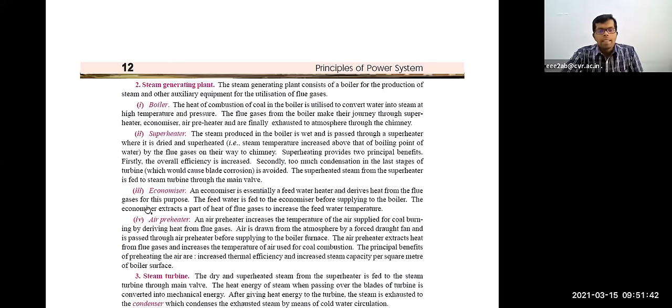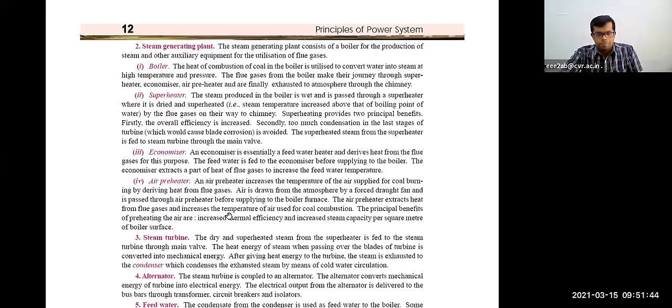Next is the air preheater. The air preheater increases the temperature of the air supplied for coal burning by deriving the heat from the flue gases. So we are preheating the air via the air preheater, deriving the heat from the flue gases.